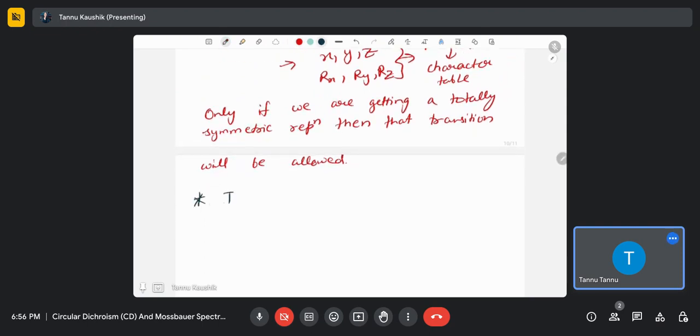So in a character table, firstly we have to find out the symmetry elements in a molecule.